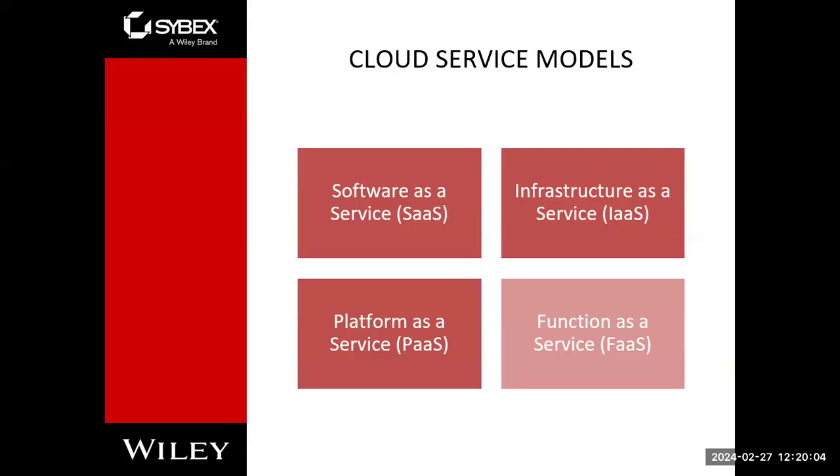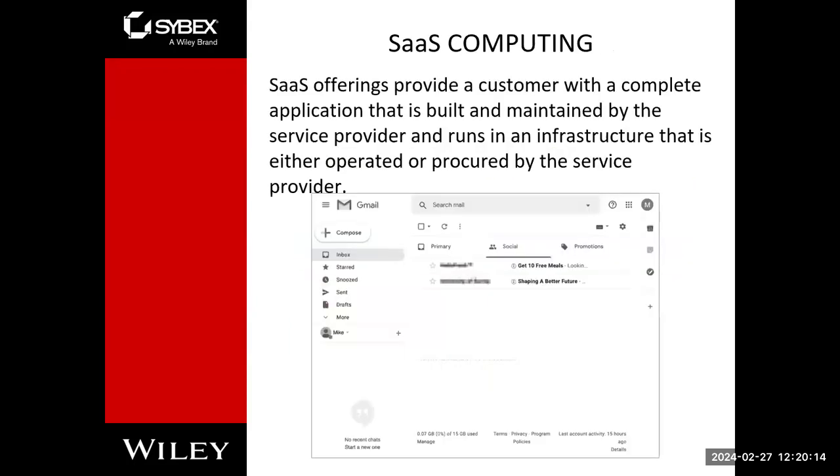So different types of cloud service models are software as a service, infrastructure as a service, platform as a service, and function as a service, which we briefly spoke on. Software as a service provides a customer with applications that are built and maintained by the service provider, and they run in an infrastructure that is either operated or procured by the service provider.